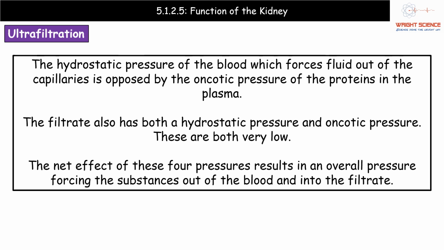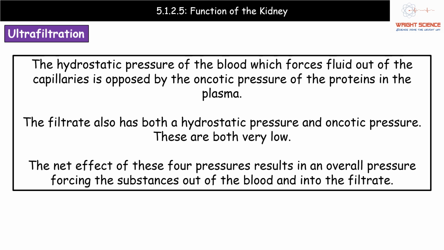So hydrostatic pressure of the blood is going to be acting to force fluid out of the capillaries. But because obviously we've got these proteins in the blood, which are going to be too large, greater than 69,000 molecular weight, that therefore can't leave our actual capillaries, then we actually set up an oncotic pressure as well. So we've got these two opposing pressures, just like we did in the tissue fluid.